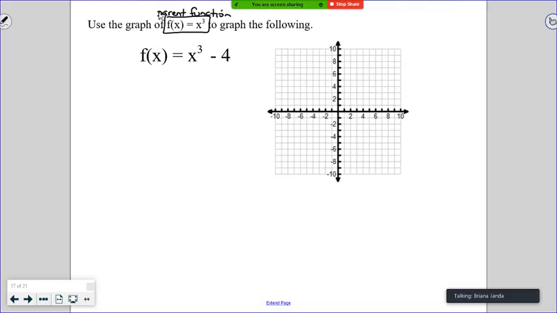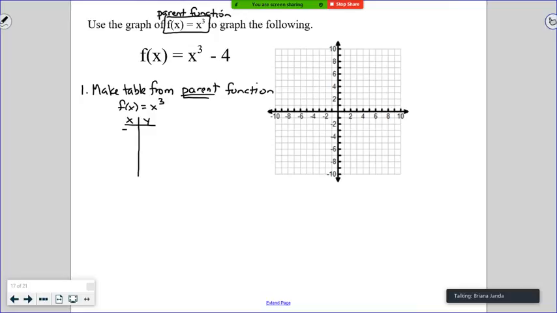So you ignore the following for a second, and you just create your table from your parent function. I am not going to address the whole transformation thing right now. We just go find that f of x equals x cubed table.